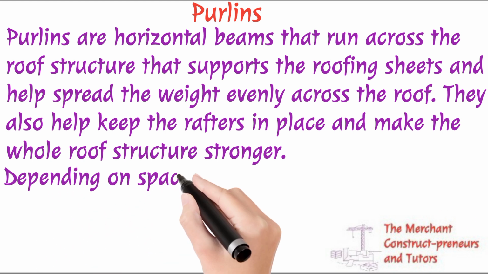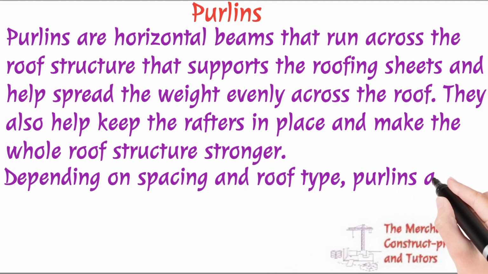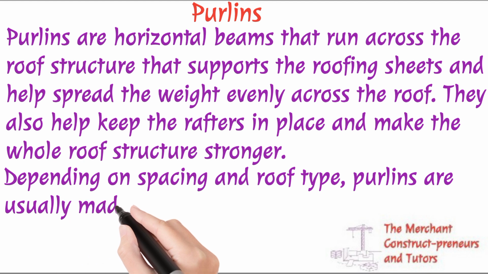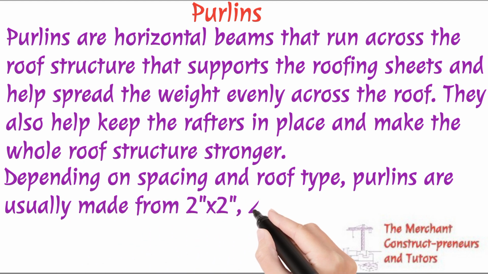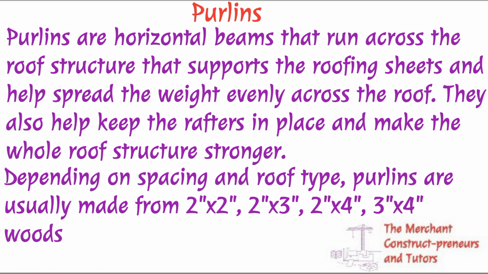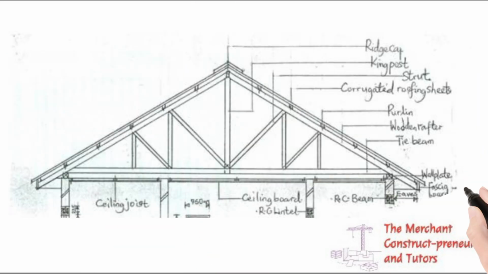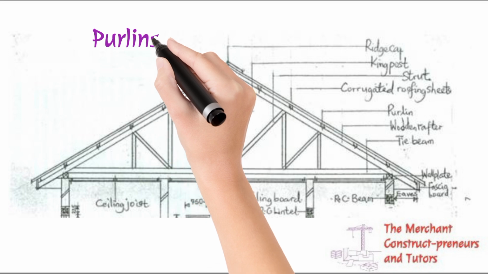You have your rafters, then you have your purlins that your roofing sheet rests on. They also help keep the rafters in place, making the whole structure stronger. Depending on the spacing and the roof, we have 2 by 2, 2 by 3, 2 by 4, or 3 by 4, depending on the type of roof structure being considered.